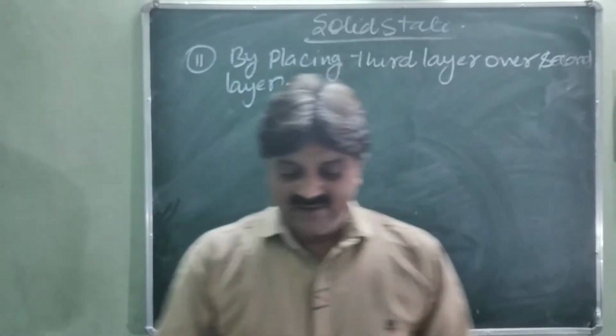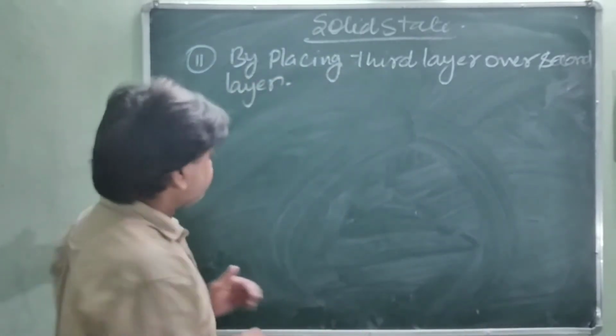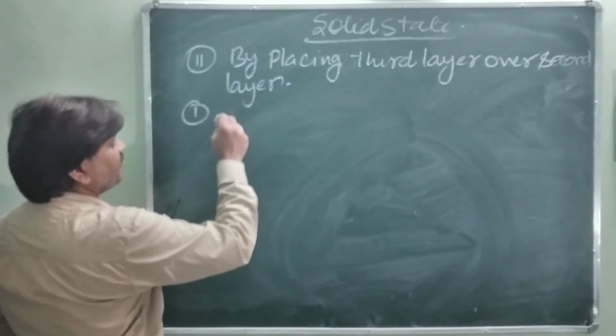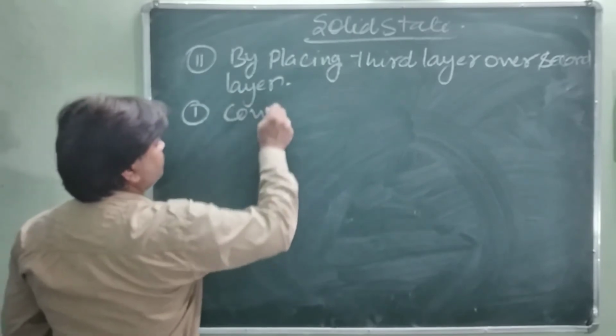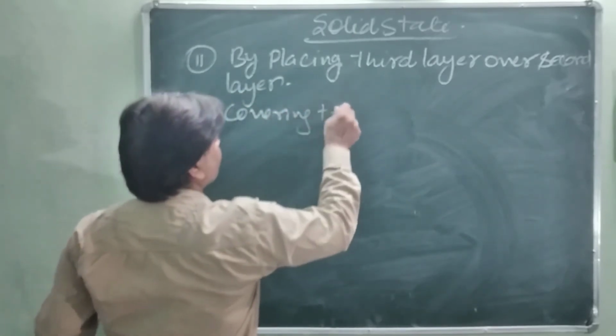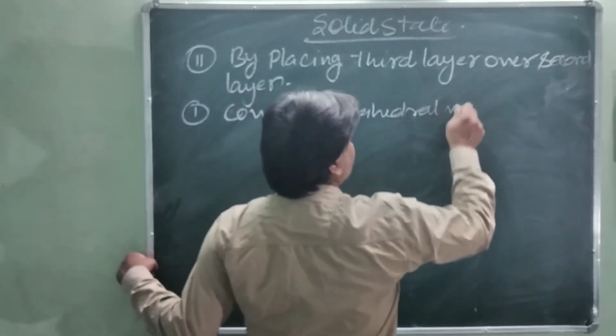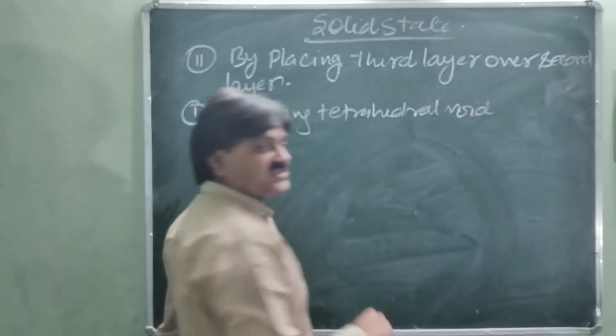So see here, the first one, this is the formation of covering tetrahedral voids by placing the third layer over the second layer.